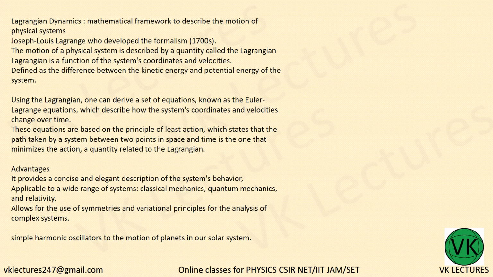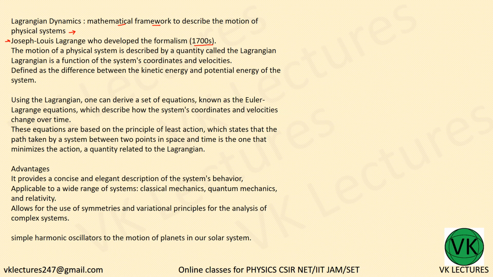Lagrangian dynamics. Before going to Lagrangian dynamics, let us understand some history. It's a mathematical framework to describe the motion of any physical system. It was developed by Joseph Louis Lagrange during the 1700s.